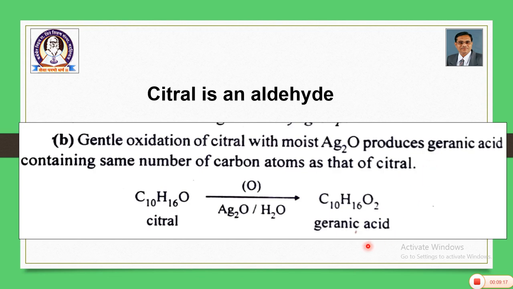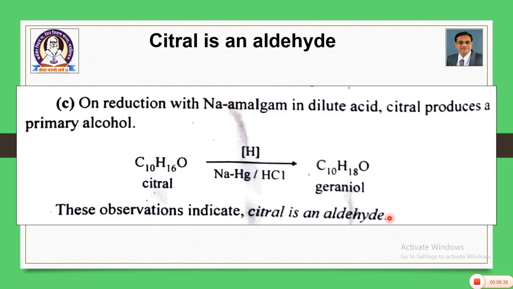This is very important because geranic acid has the same carbon skeleton and your starting material has also the same skeleton. C10H16O and C10H16O2, only one oxygen is added, that means there is addition of only one oxygen and the aldehydic group is converted into acid. This indicates that the compound is aldehydic.